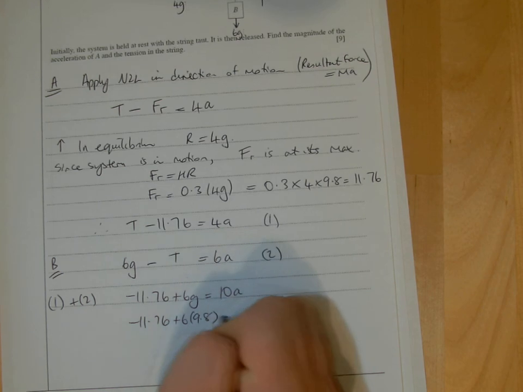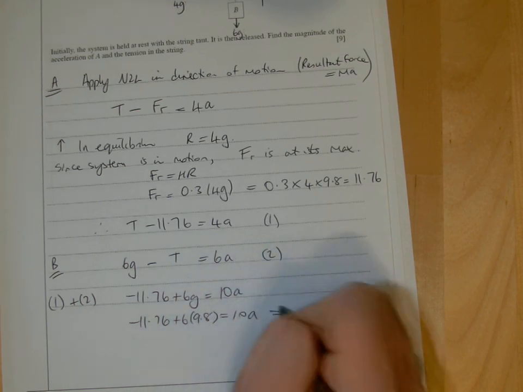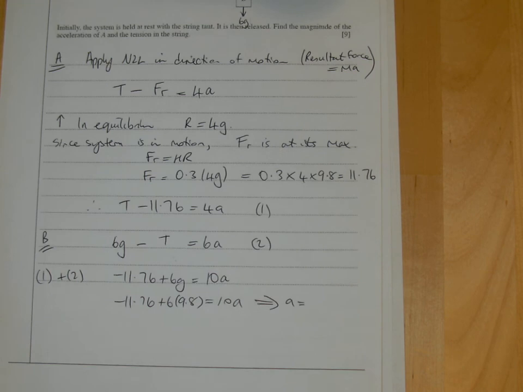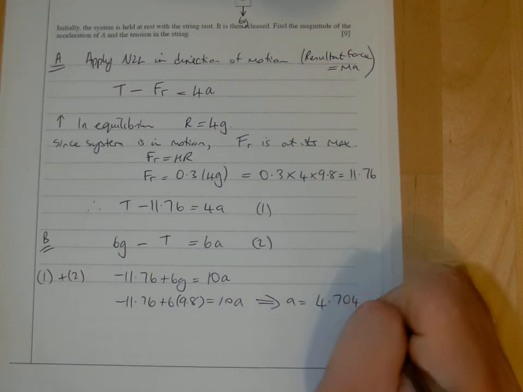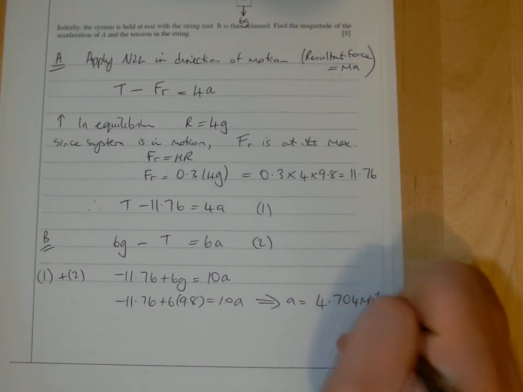We've got g to be 9.8, of course. So if I work that out on my calculator, minus 11.76 plus 6 times 9.8, all divided by 10, I get 4.704 meters per second squared.